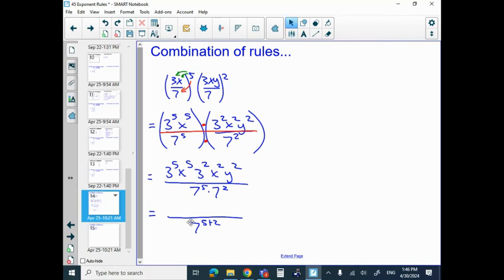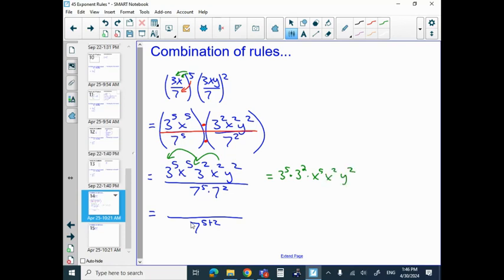And if you wanted to do an extra step, you could rearrange things. So put this one over here and put this one over there and so on, and show that this could be written as 3 to the power of 5 times 3 to the power of 2 and an x to the power of 5 and an x to the power of 2 and so on.